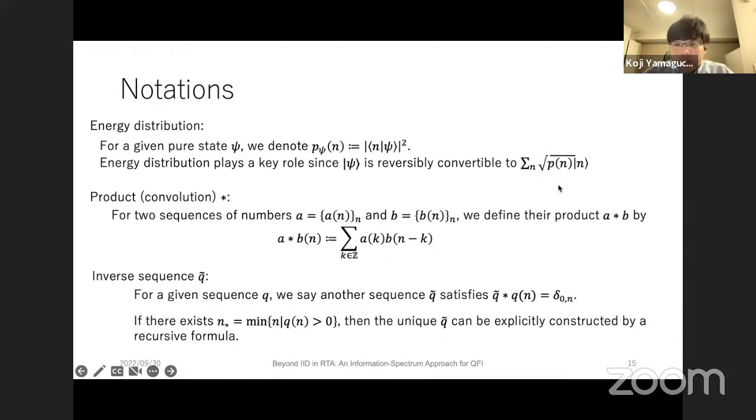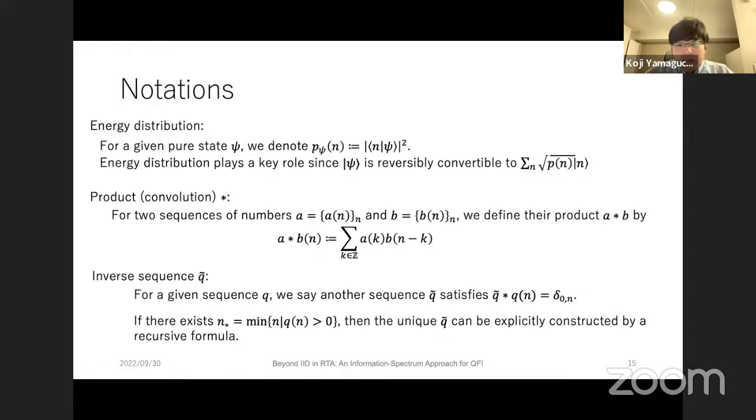Sorry about that. For sequences of numbers, we define the convolution product by this equation. For a given sequence Q, we say that another sequence Q tilde is an inverse sequence if it satisfies this equation, where delta denotes the Kronecker delta. So this is the inverse with respect to the convolution operation.